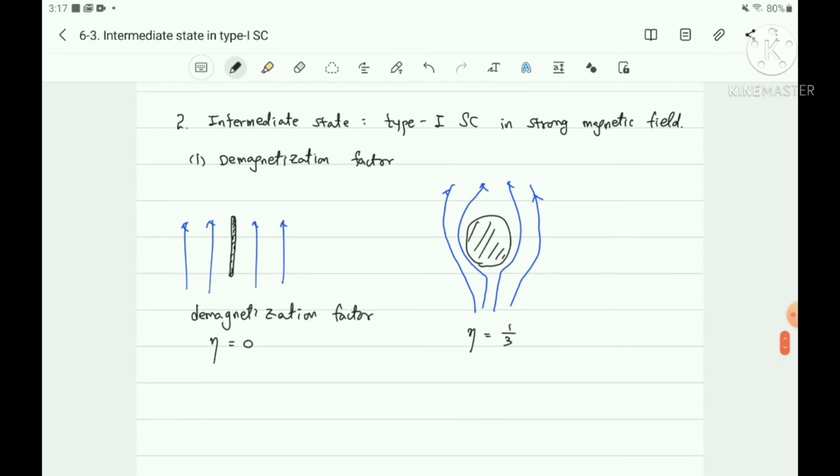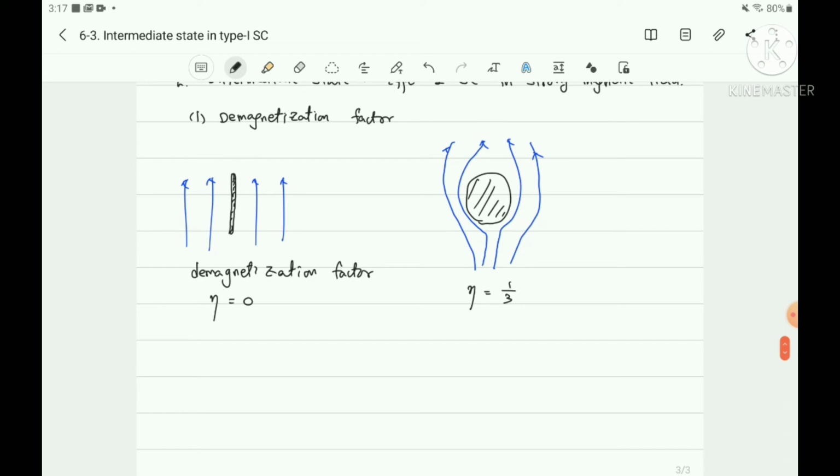The demagnetization factor depends on the sample shape, and it is characterized by HA over HC. HA is the applied magnetic field, and HC is the critical field for the superconducting transition from the normal state to the superconducting state.